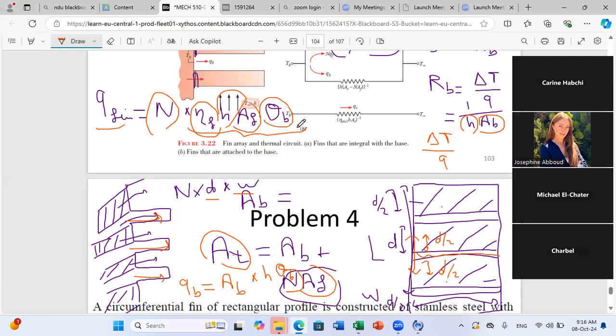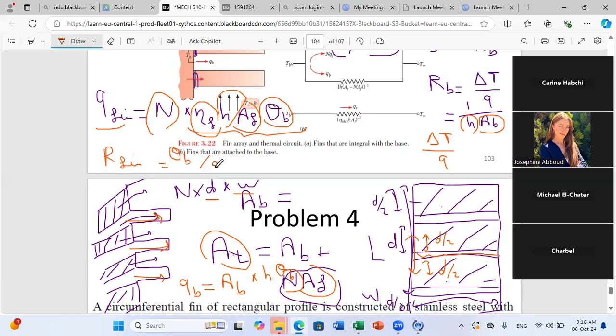So from this expression, you can come up with the resistance of fin. It's delta T, which here is theta base, over Q fin.